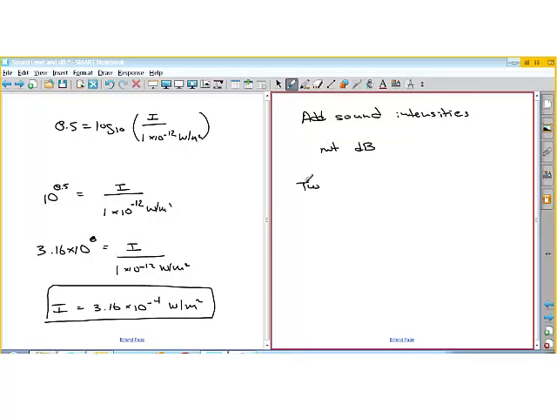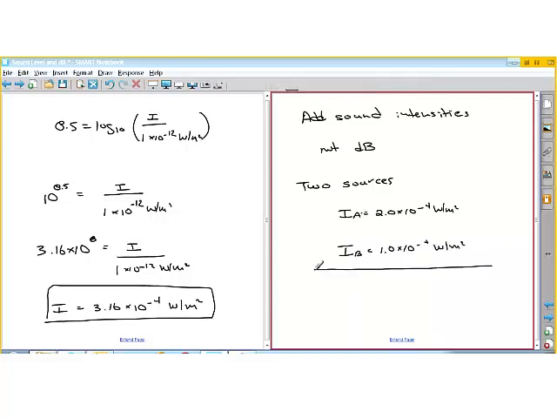So say you have two sources, and those two sources at a particular distance give you, from source A, a sound intensity of 2 times 10 to the minus 4 watts per meter squared, and the other source B is 1.0 times 10 to the minus 4 watts per meter squared.